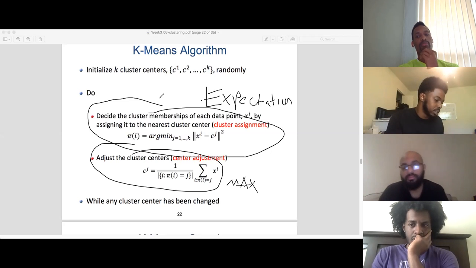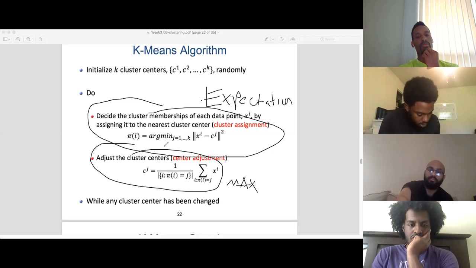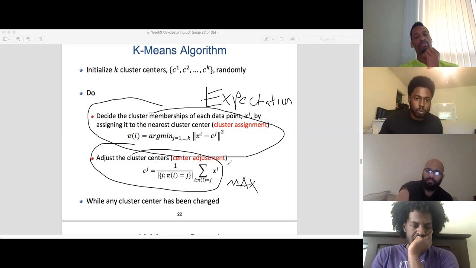But essentially you can generalize this to say that we're finding the expectation of some distortion measure, and then we're doing some type of maximization in the next step to move our centroid.